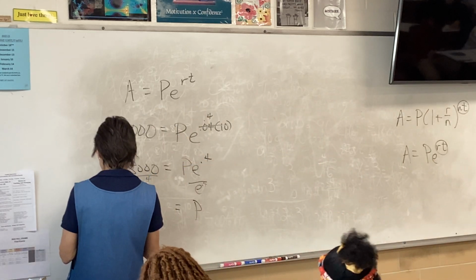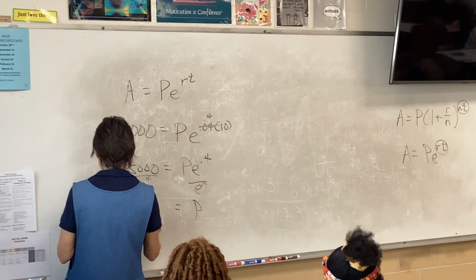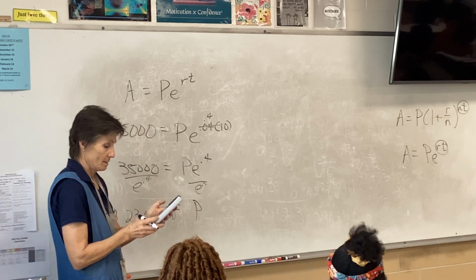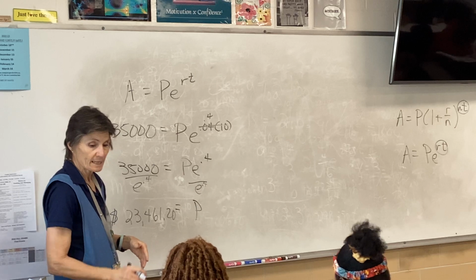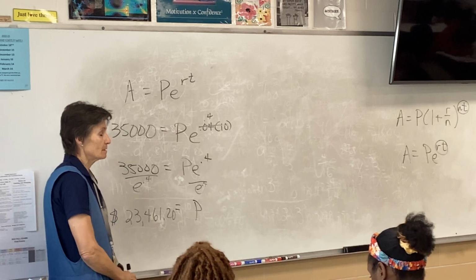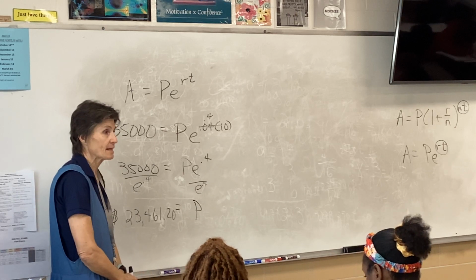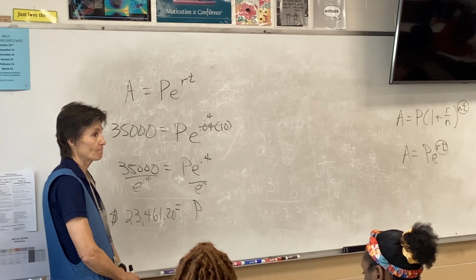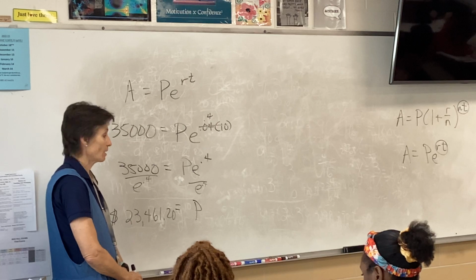And hopefully you got $23,461.20. If you need e, it's second ln. That's how you get the e button on your calculator. Everybody okay?